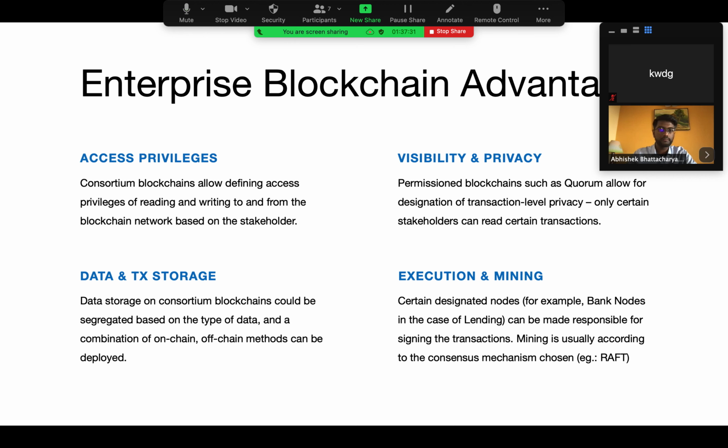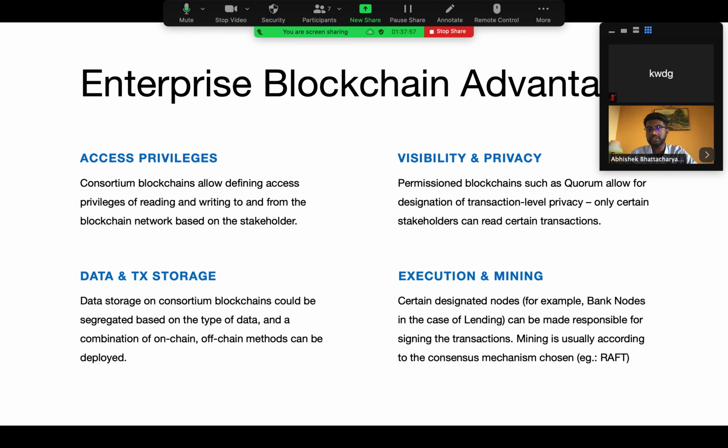Execution and mining. Two slides later, I'll discuss incentive mechanisms in a bit more detail, but here is something I want to cover that is very important. When we were looking at public blockchains, you remember we discussed that public blockchain miners are economically motivated.